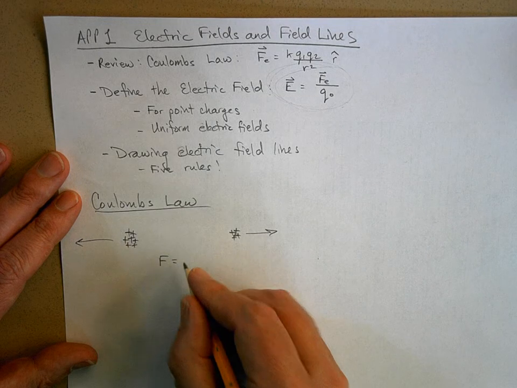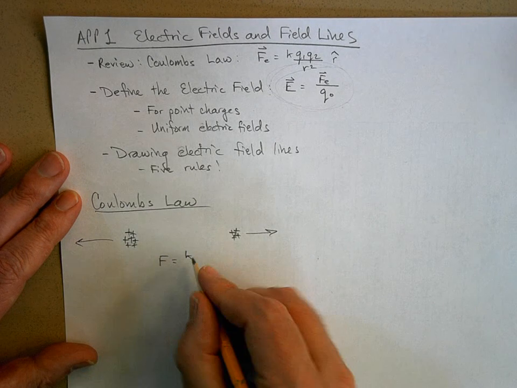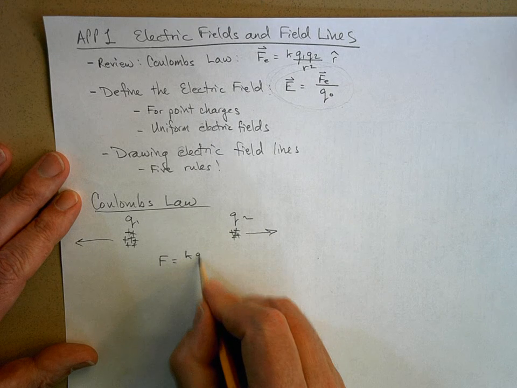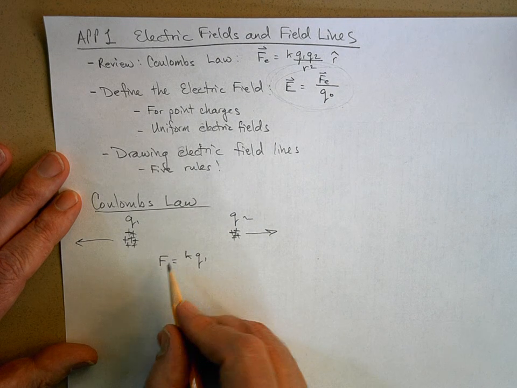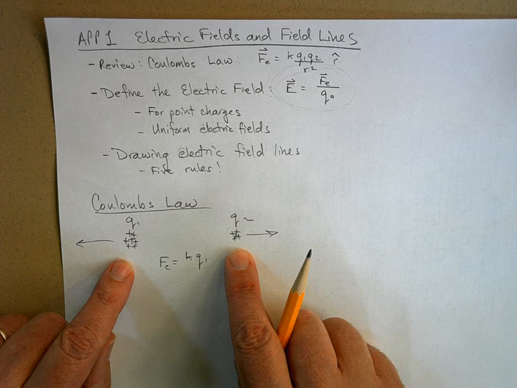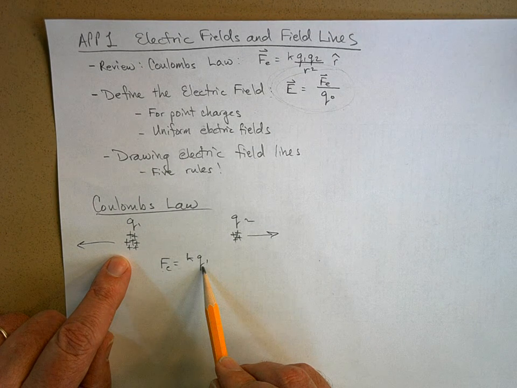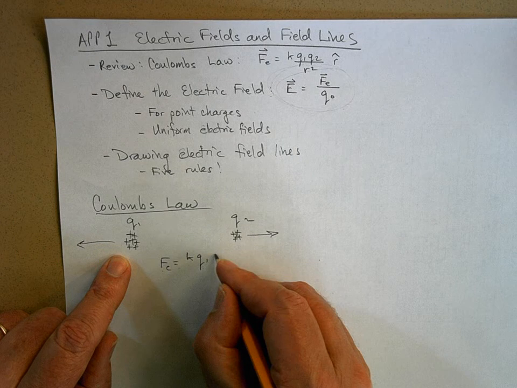Coulomb's law is equal to the electric constant times, we're going to call this charge 1. The electric force of repulsion is proportional to Q1. It's proportional to Q2.